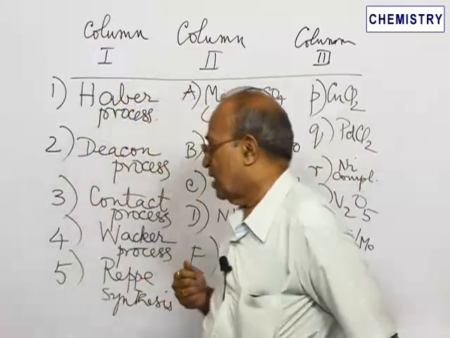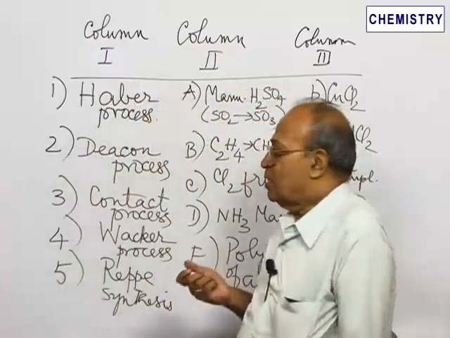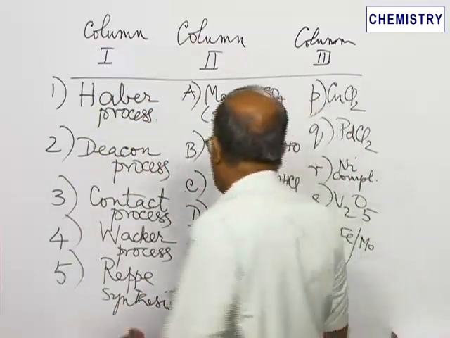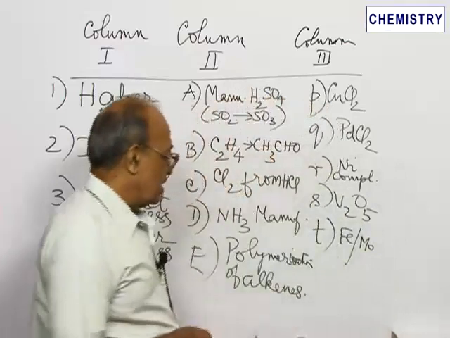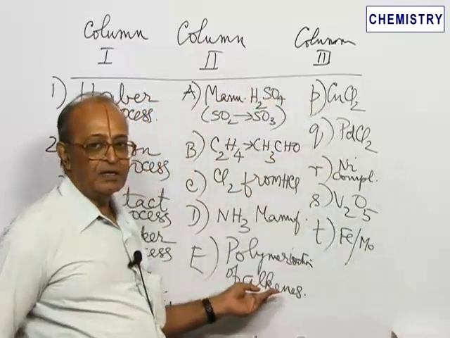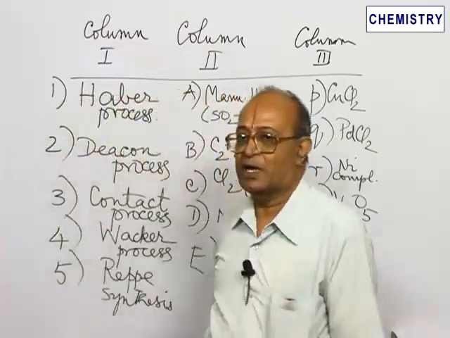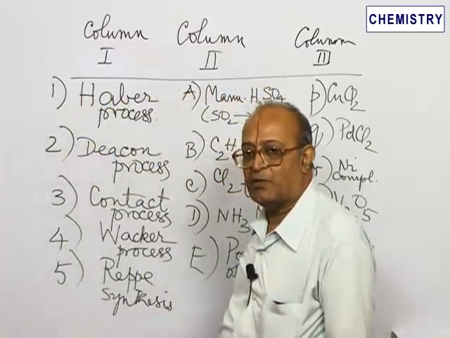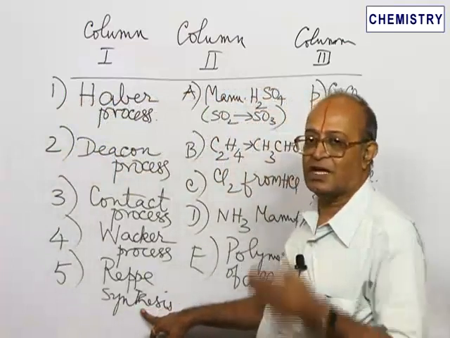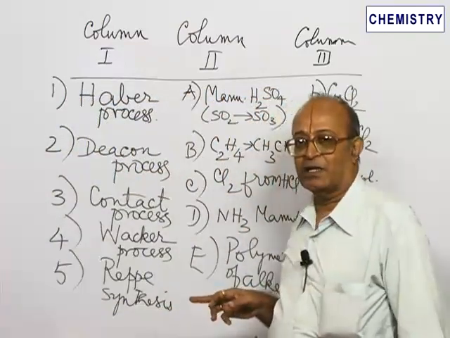Let us come to the last one, Reppe synthesis. Probably this is not quite familiar to you. Reppe synthesis is polymerization of alkenes. You are quite familiar with the polymerization reactions, and Reppe synthesis is actually the polymerization reaction of alkenes.